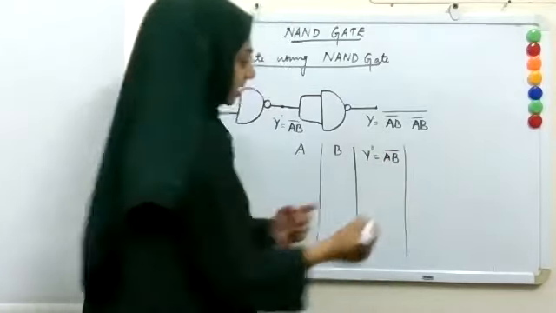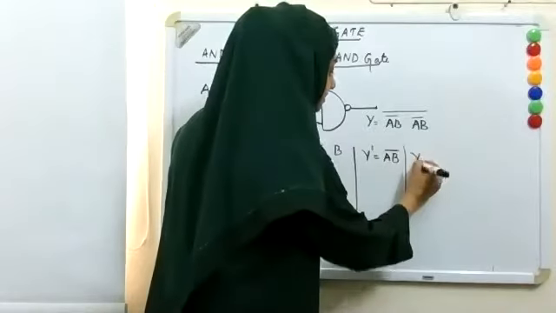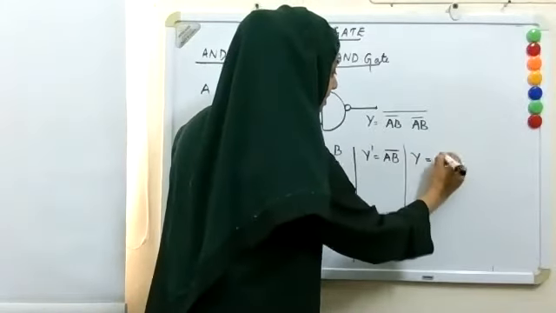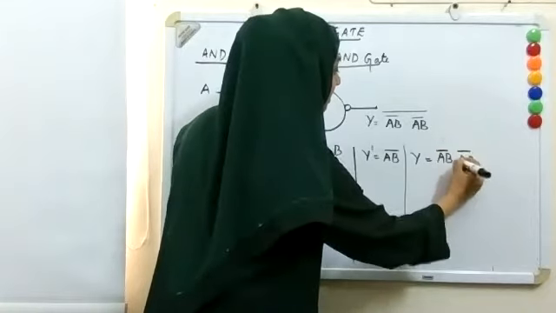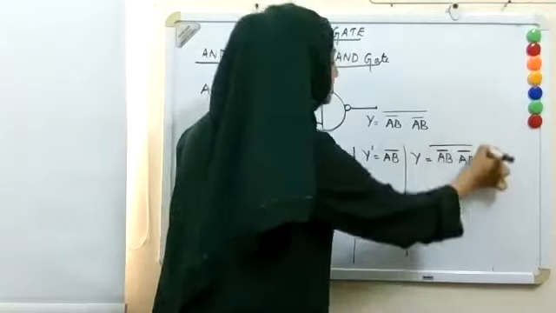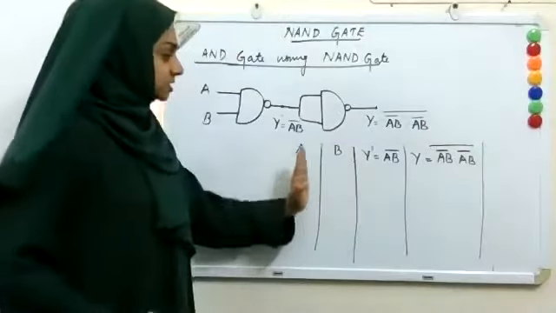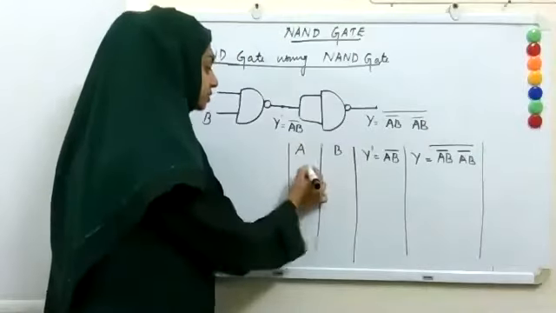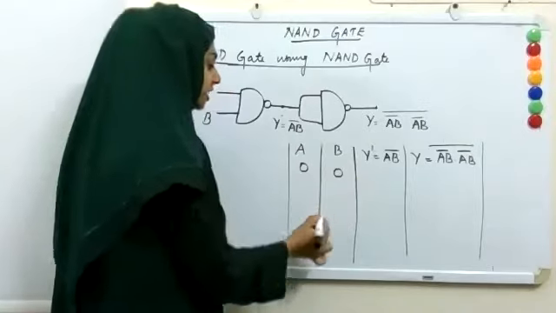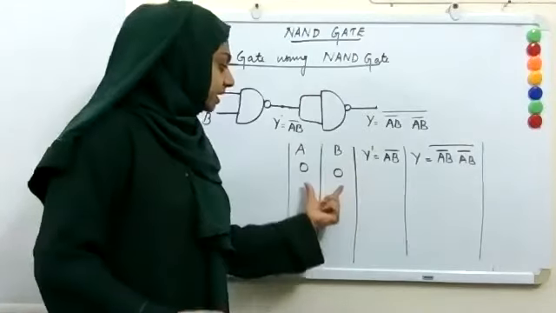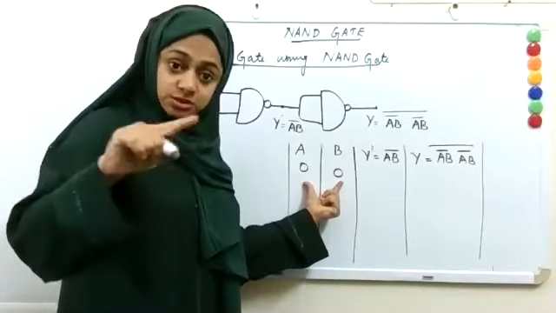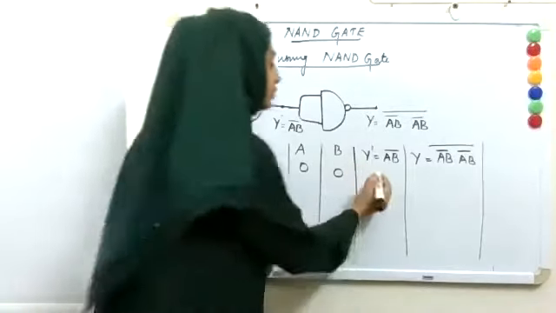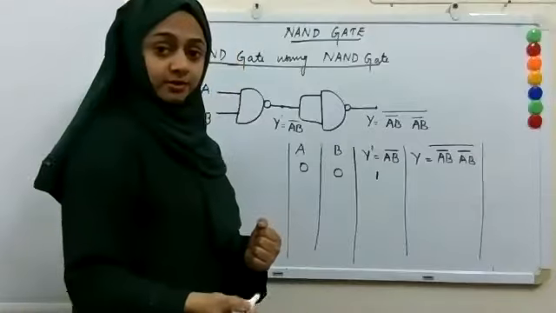Then AB bar and AB bar, again bar, which means again not. So let us see how it will appear. So the inputs are 0 and 0. So what will be here? A and B is 0 and 0, 0. Not 0. So 1.